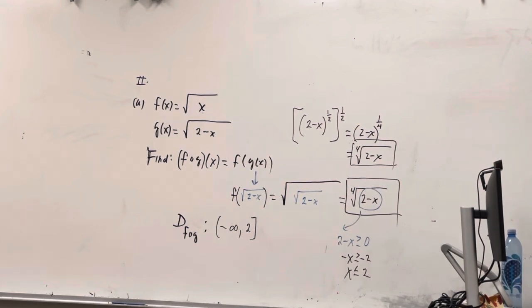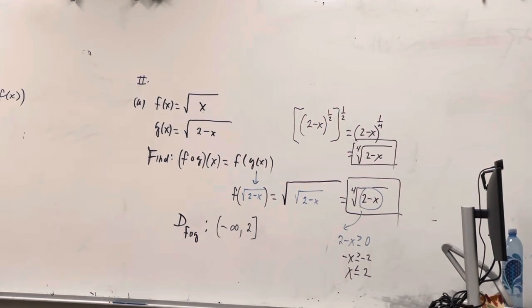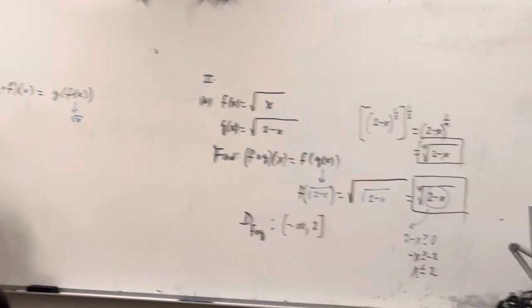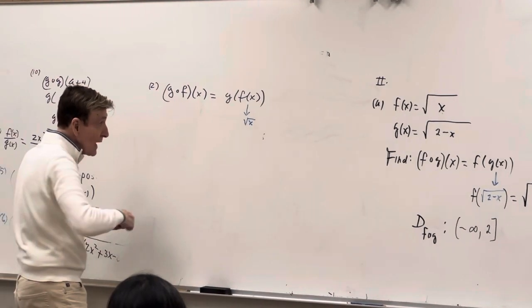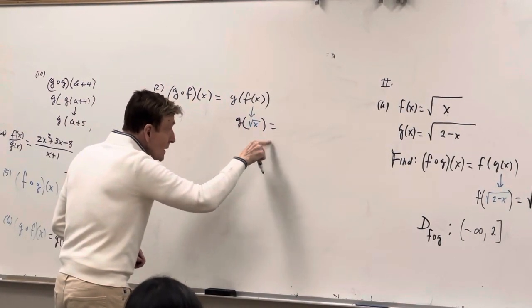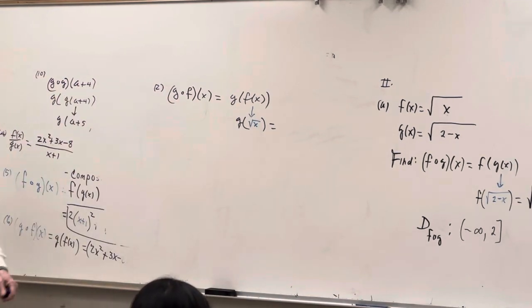g circle f. Hang on now. So you know it means this. Which means my f of x, she gave me f of x to be this. And I'm supposed to take g of that on the outside. That's what it means.